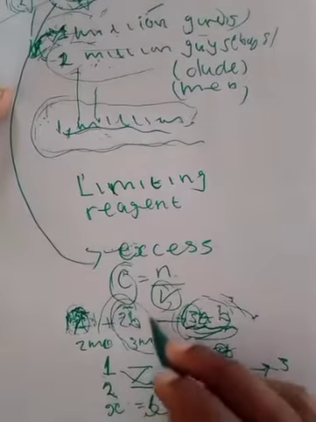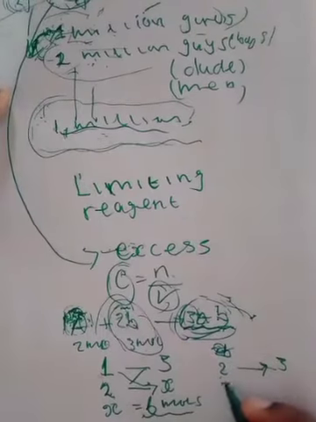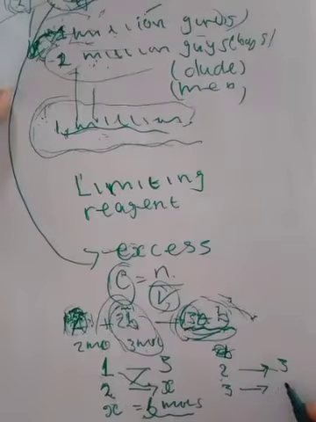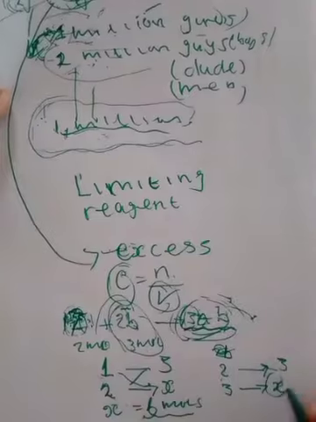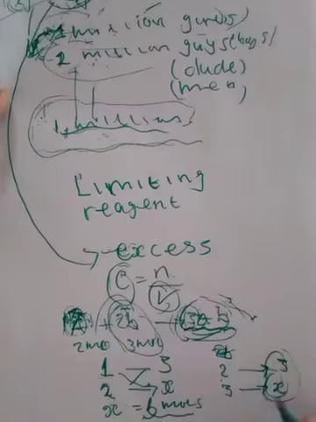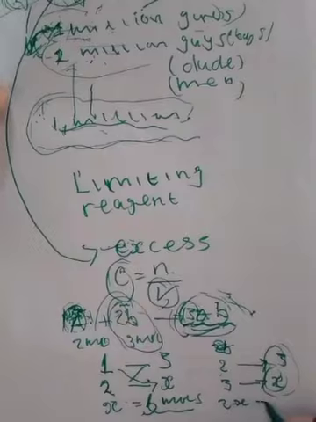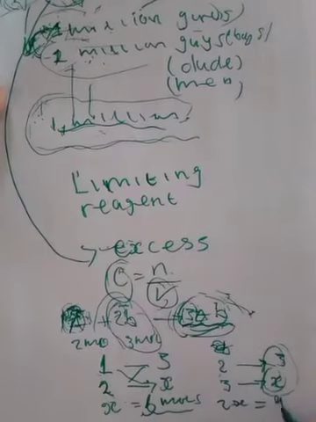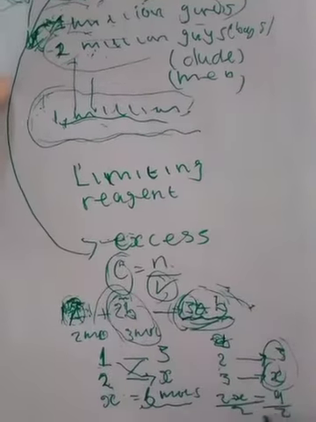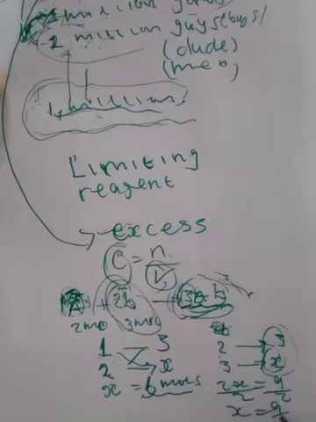So you write 3A, and then you say x representing the moles that aren't known. Then you cross multiply, you're going to have 2x equal to 9. When you divide through by 2, you're going to get x as 9 over 2. Okay, so these are the number of moles.